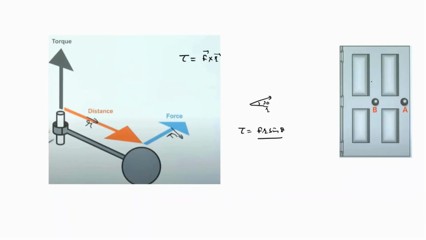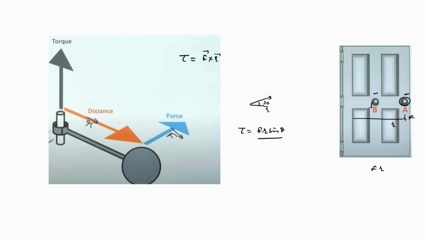You must have seen if you open the door from this point is easier as compared to if you open the door from near the hinge point. The reason behind that is the torque, because when you apply same force F at this point, then you have a larger distance R. So F into large R will give you more torque.